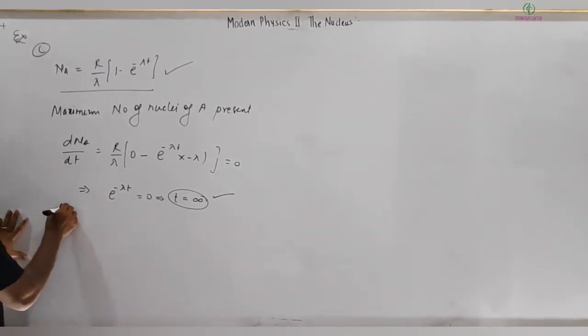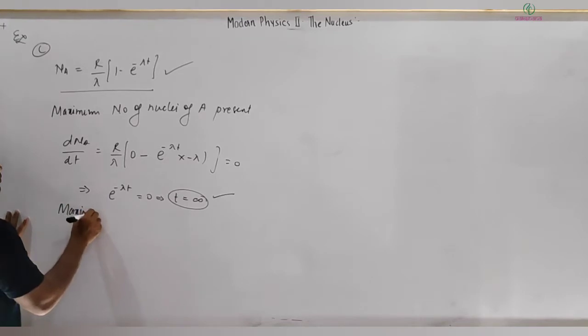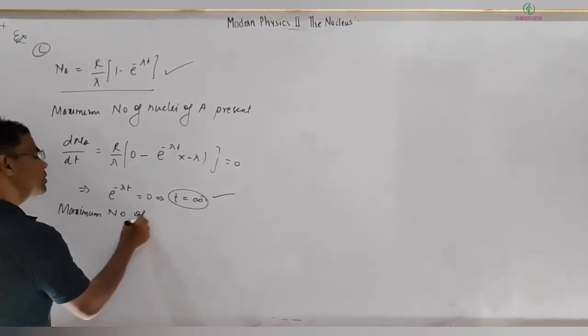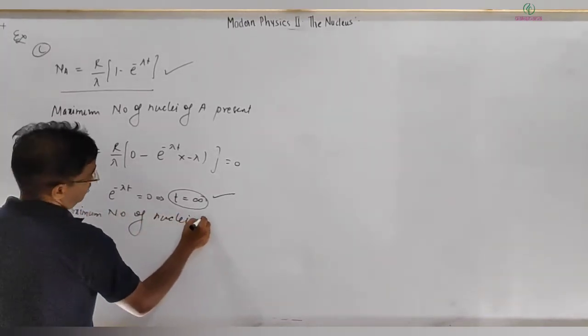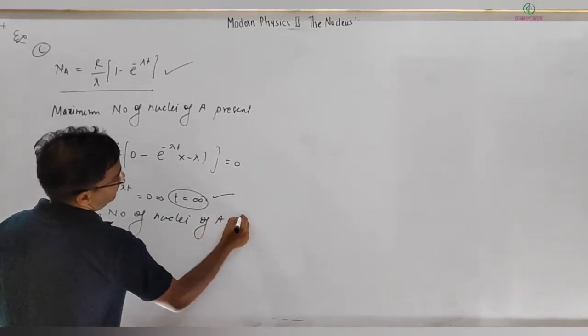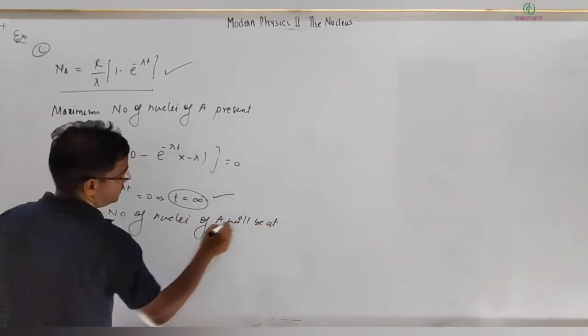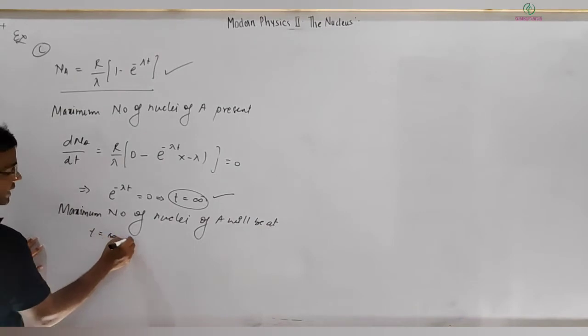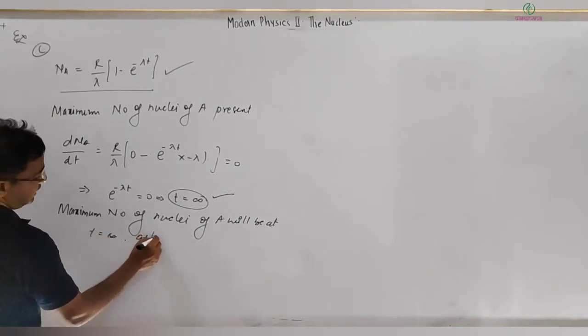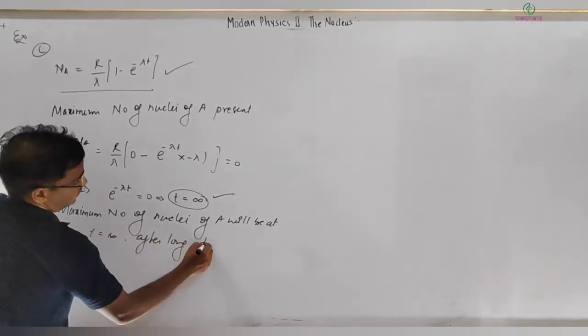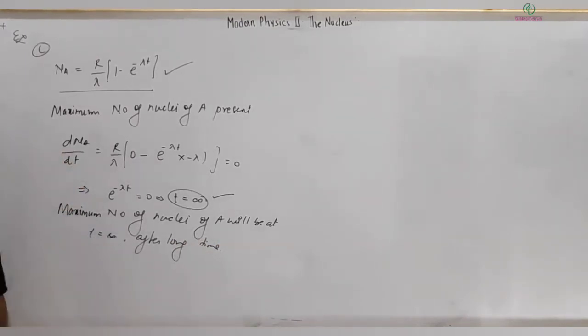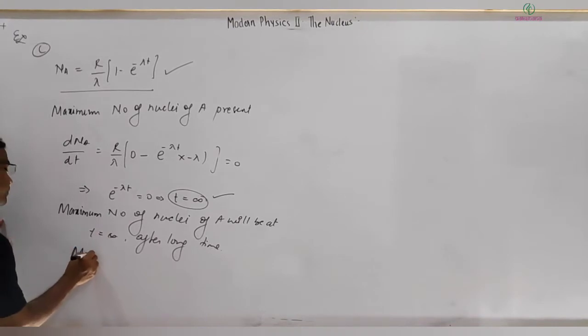So the maximum number of nuclei of A will be at t equal to infinity, or you can write after a long time. Then we can get it directly.